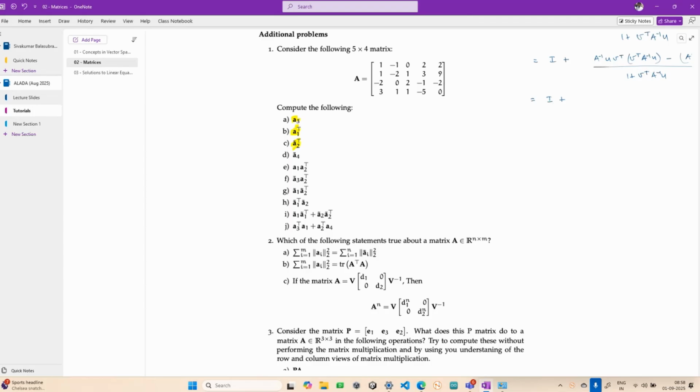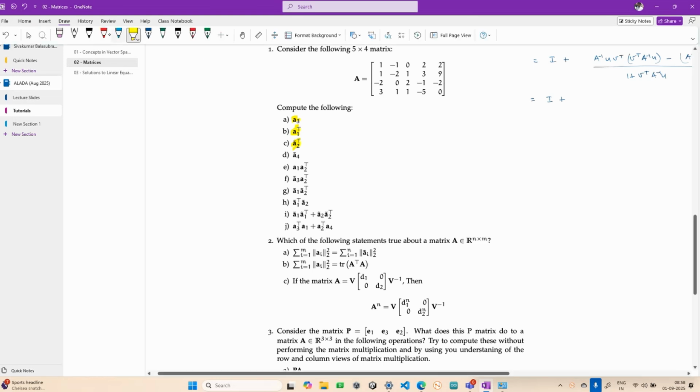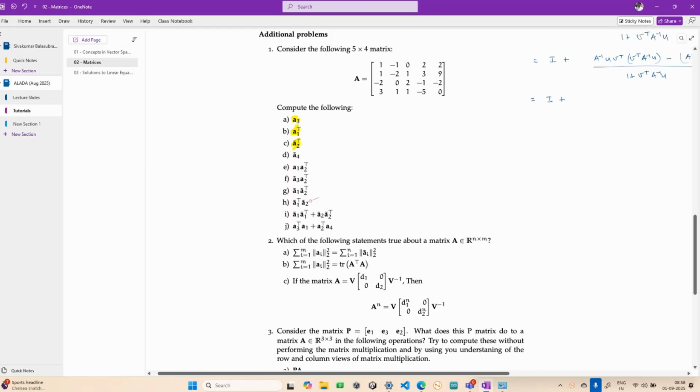Okay. Can you tell me what this is? Can you compute this and tell me? So it looks like I'm multiplying a row by a column. That means I'm doing an inner product.